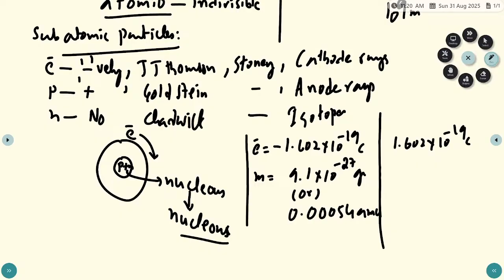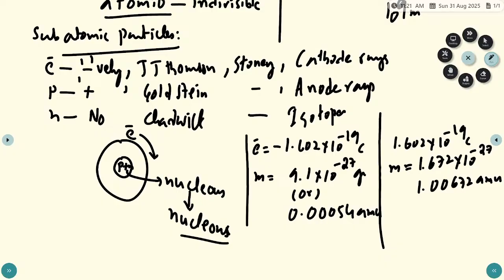What is the mass of a proton? 1.672 into 10 to the power of minus 27 grams, and in atomic mass units, about 1.00672 AMU.